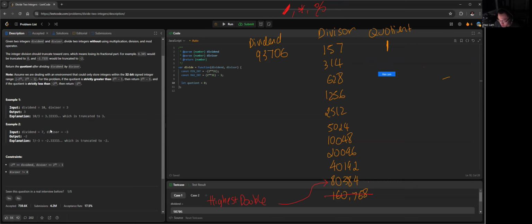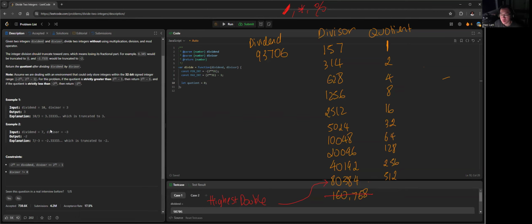So the quotient also increments by itself. We can double it by adding it to itself. So 1 plus 1 is 2, 2 plus 2 is 4, then 8, 16, 32, 64, 128, 256, 512. And this we don't care about.